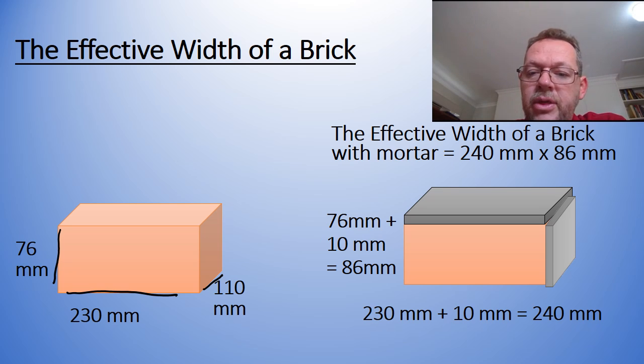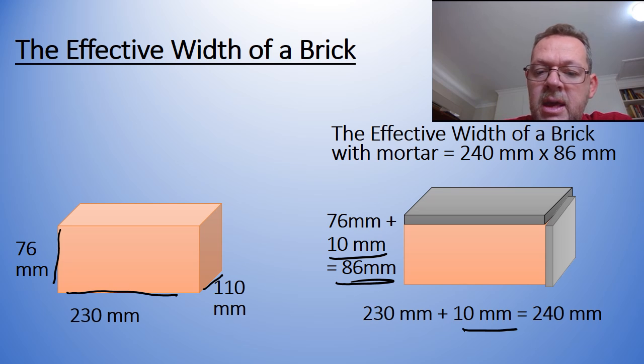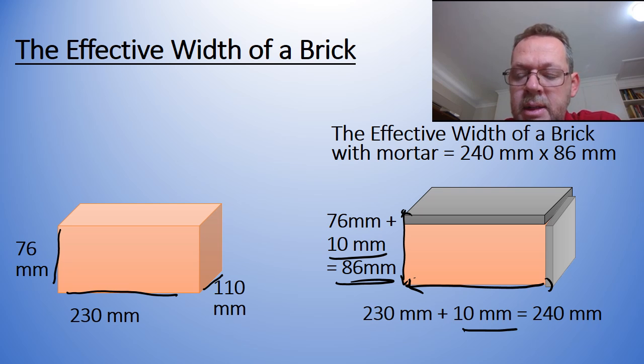But the effective size of a brick has 10 millimeters of mortar on it, so that would increase the height to 86 millimeters and another 10 millimeters on the width, so 240 wide.